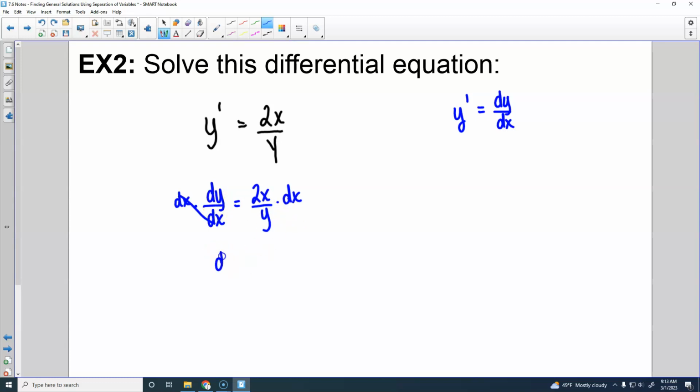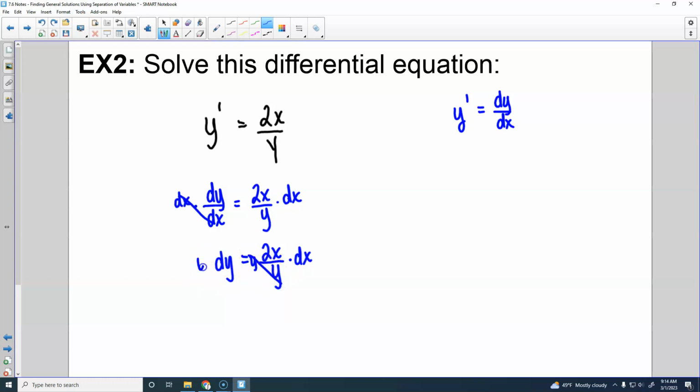So what I've got right now is dy equals 2x over y times dx. I cannot solve that because if I did, I would have to integrate something over here with respect to x, but I have a y on that side. So how could I get rid of that y? Multiply by y. So you could have done it in the last step there if you wanted to.